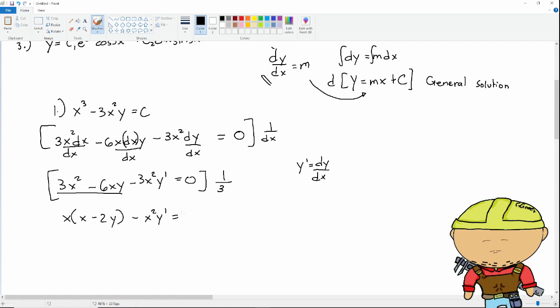Okay, this is now our differential equation, or the eliminated arbitrary constant. If we are going to put this in general form, I'm gonna explain about general form. General form of a differential equation is usually in the form of the highest derivative first.